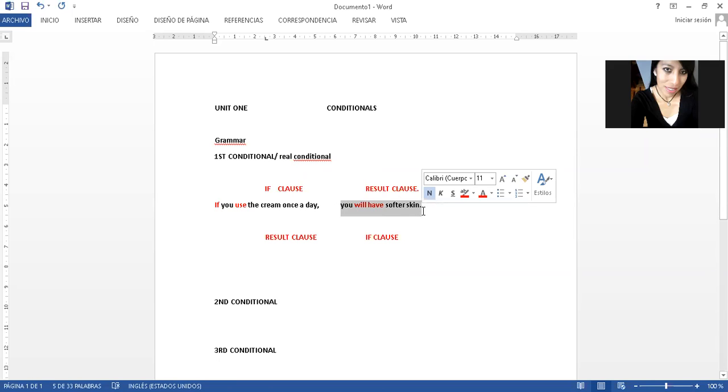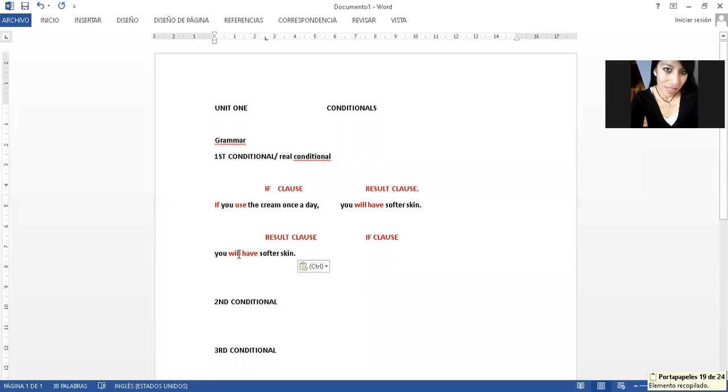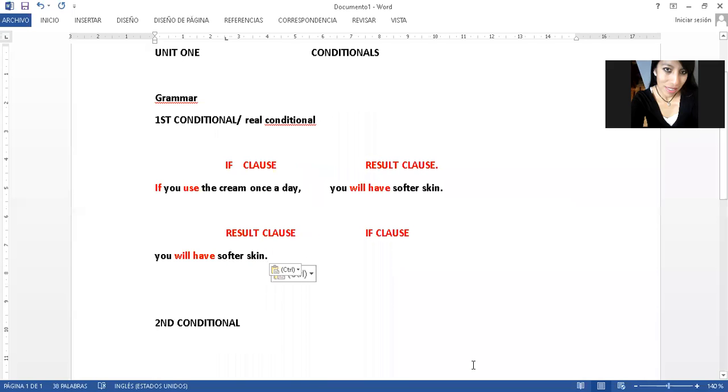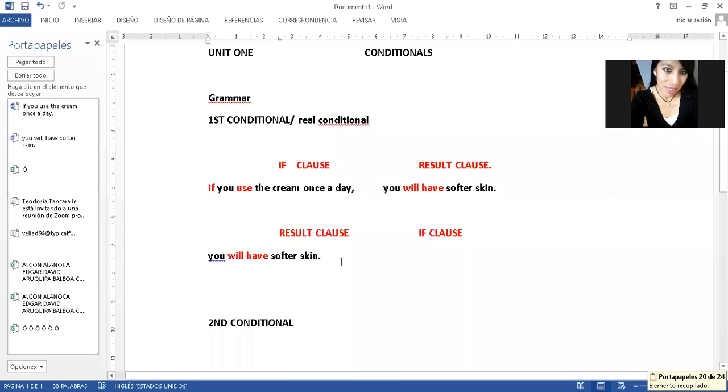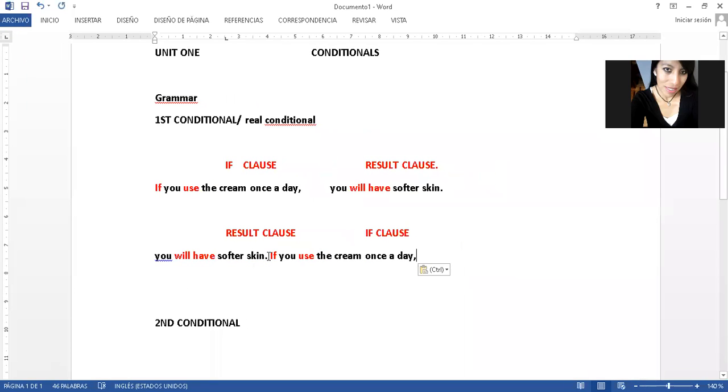The only thing we do is take the result clause to the beginning, like this, and after that, take the if clause to the end. Of course, we have to eliminate the period.